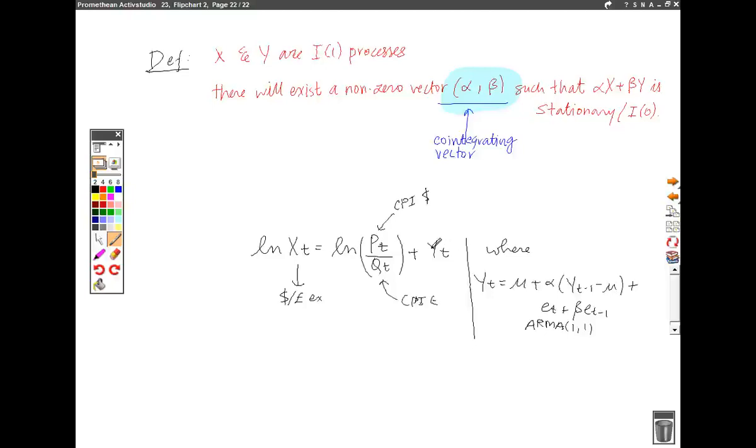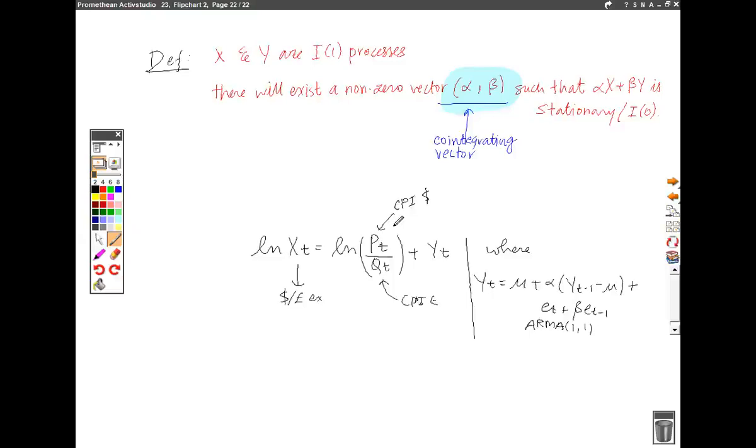Now again, the variables here are the exchange rate and this yt, but what is of concern here is mostly the p and the q. These are the variables that are of interest, the consumer price indices, and there is economics behind that which we need not concern ourselves with.